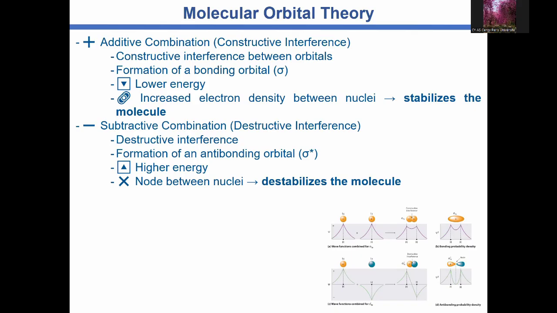Where we have this constructive interference, we call it the bonding state. So with constructive interference, we have the bonding orbital sigma, and also the orbital pi, for instance. This is the lowest energy for electrons.